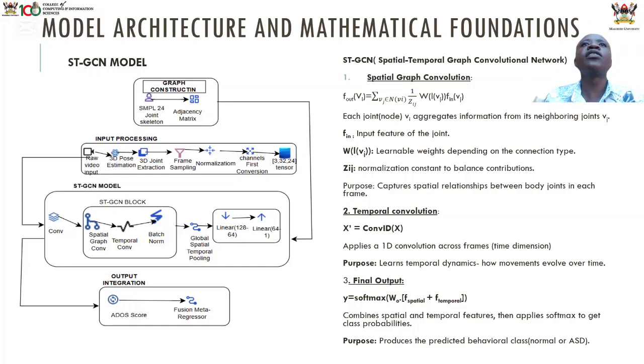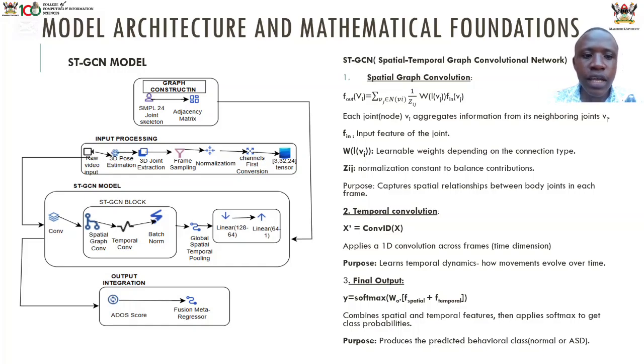It maps body joints, then identifies how each joint is related to the other joints. Then it does temporal convolution, to detect how you're moving your joints. It can say this joint at this point was here, then now it has moved downwards, so that is the temporal part. Doing spatial convolution and temporal convolution is what we call a spatial temporal block.